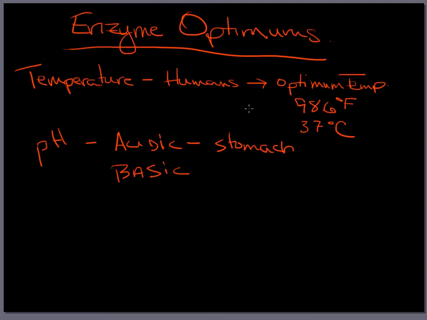So a lot of digestive enzymes function acidically. Some enzymes function in a basic environment. Your intestines have areas that are basic, but of course most enzymes will function in a neutral environment.